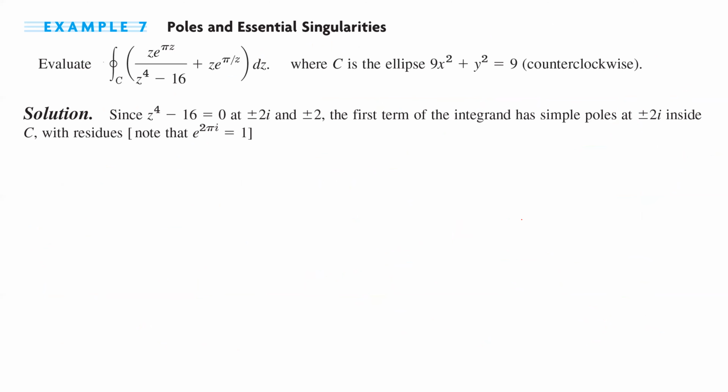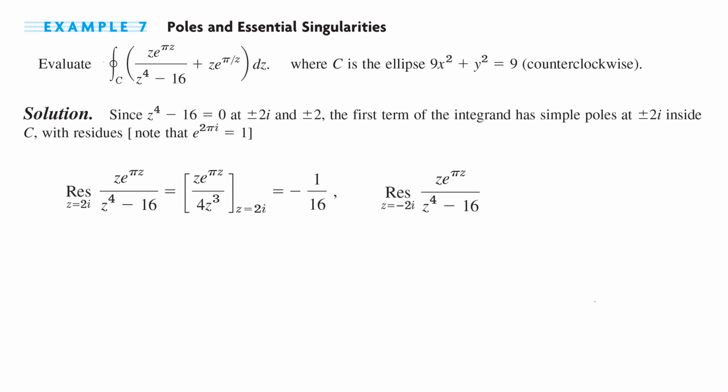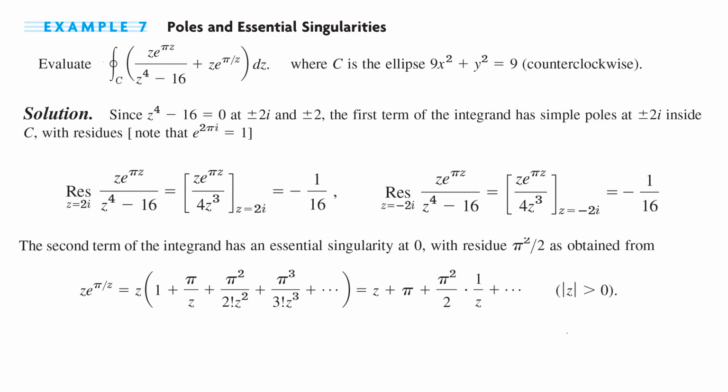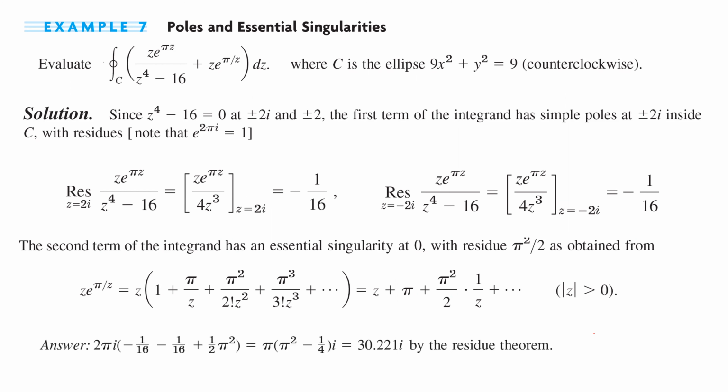The first term of the integrand has simple poles at plus minus I inside C, with residues given this way: negative 1 over 16 and negative 1 over 16. The second term of the integrand has an essential singularity at 0 with residue pi squared over 2 as obtained from this. So z plus pi squared over 2 times 1 over z and so forth.